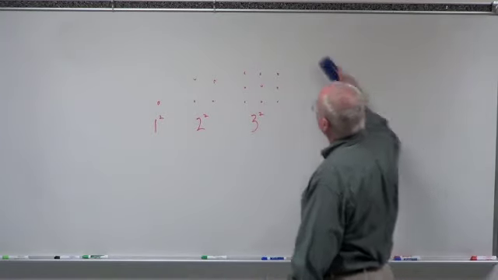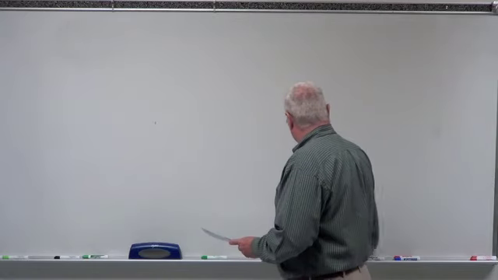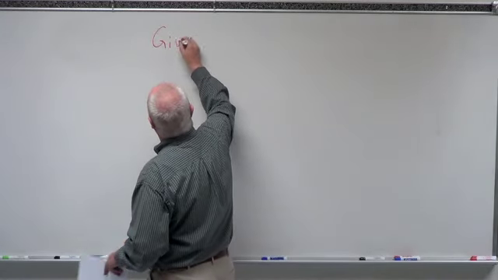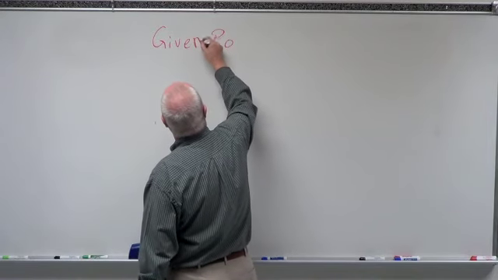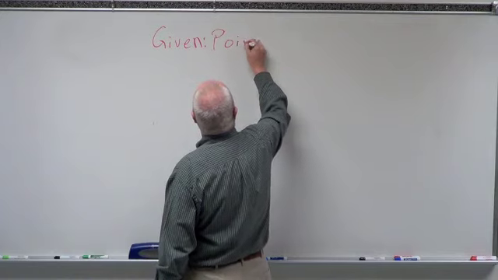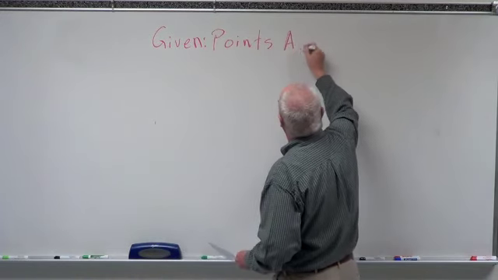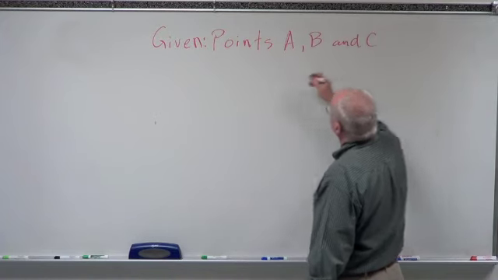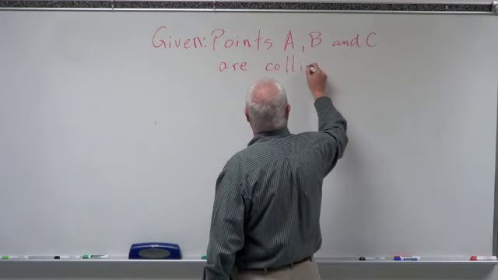All right, left you with another question. Okay, let's go back to this one. Given, whoops, let's get an N in there. Points A, B, and C are collinear.